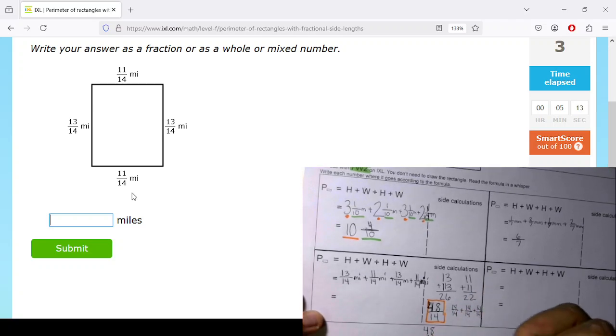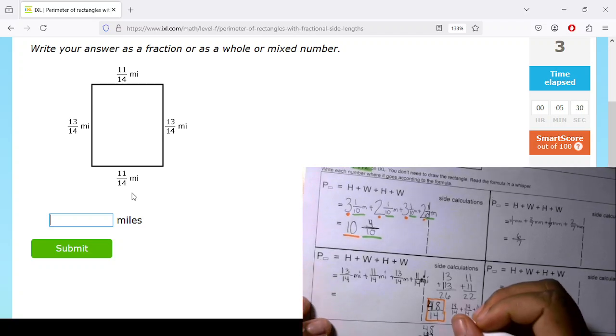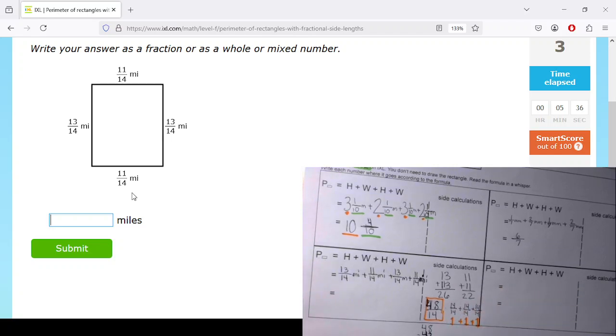Do I have enough to make one more? I'm sorry. 10, 20, 30. That's 42. I'm wrong. That's 42 fourteenths. So that's 1 plus 1 plus 1.